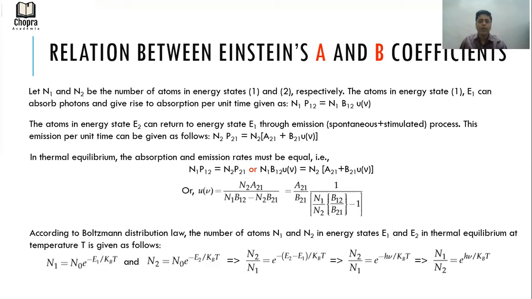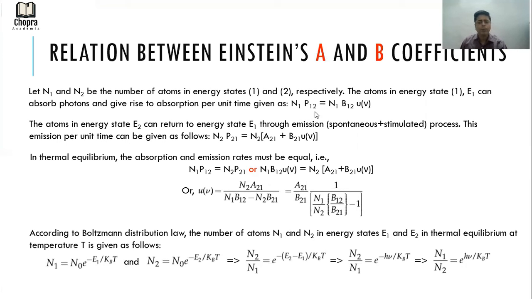What we are doing here is finding the number of atoms which will undergo induced absorption, which will be N1, the population of that particular level 1, times the probability. Now the atoms in energy state E2 can return to energy state E1 through two processes of emission, which can be spontaneous and stimulated both.